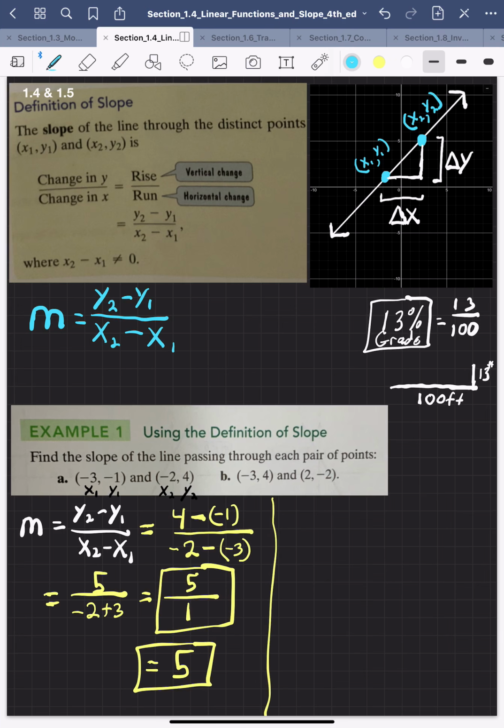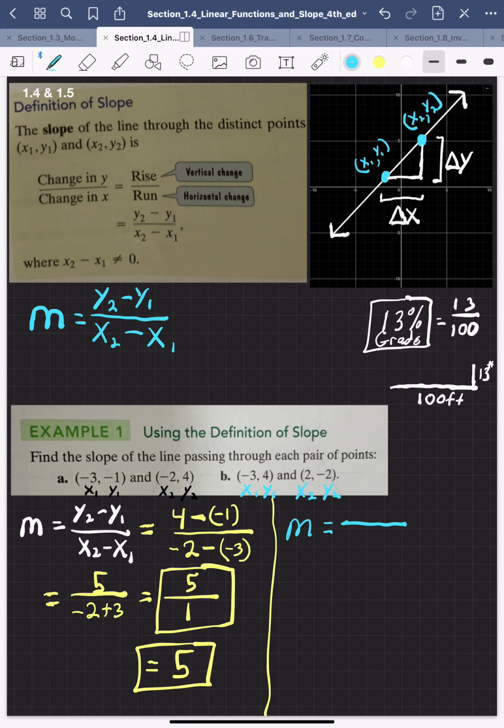All right, you're welcome to pause the video if you'd like. I'm not going to take my time with this one. I'm just going to jump right to the answer. So let's do x1, y1. Hopefully that shows up okay on your end. x2, y2. Shoot me an email if, for example, when I use this color on this background, you don't see it very well on your end, please let me know.